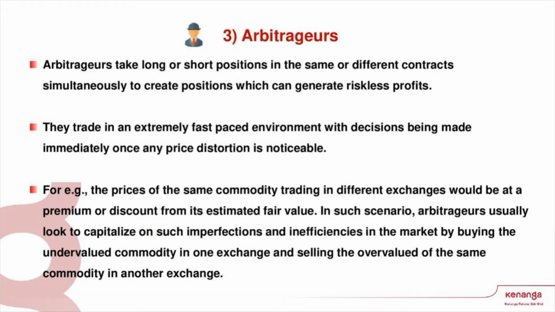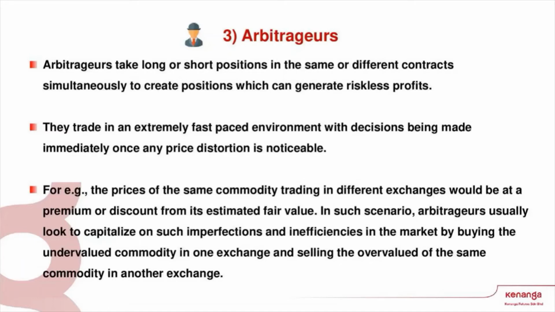Arbitrageurs, on the other hand, take long or short positions in the same or different contracts simultaneously to create positions which can generate riskless profits. So they trade in an extremely fast-paced environment with decisions being made immediately once any price distortion is noticeable.